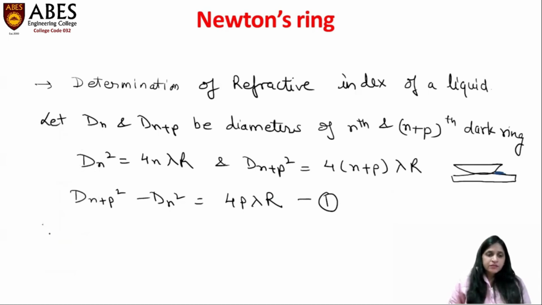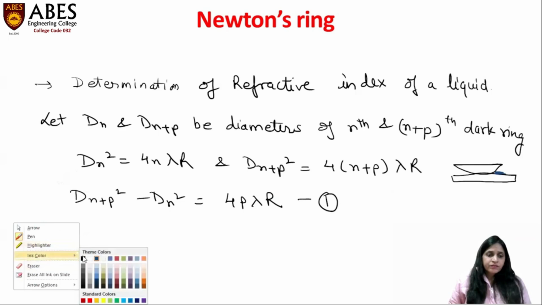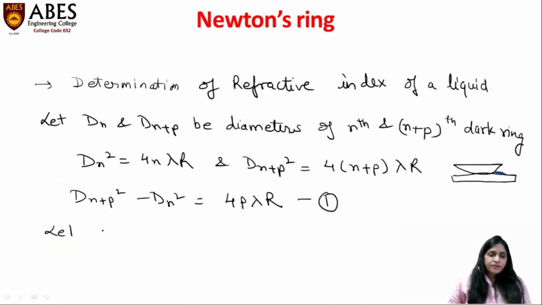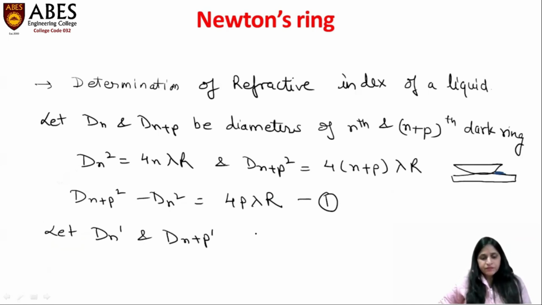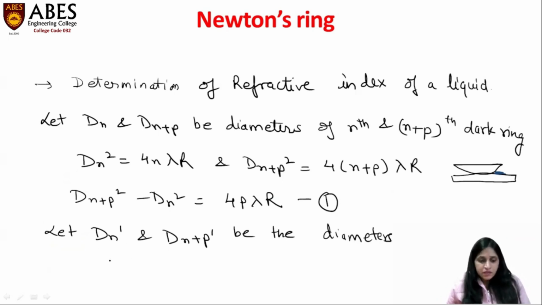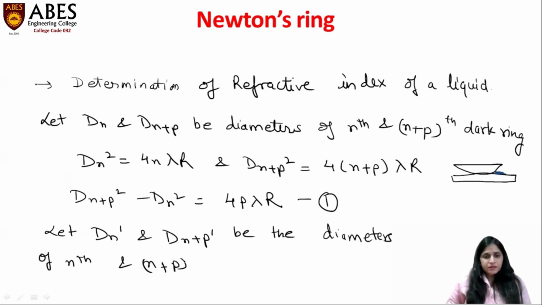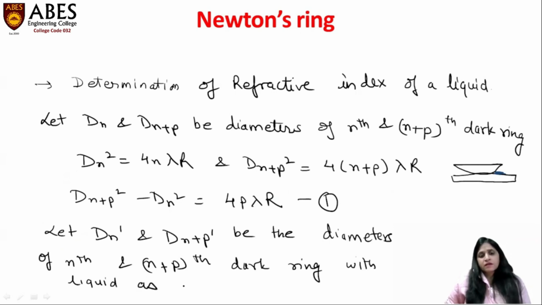Let Dn' and Dn+p' be the diameters of the nth and (n+p)th dark rings with liquid as the medium, of which the refractive index is to be found out.